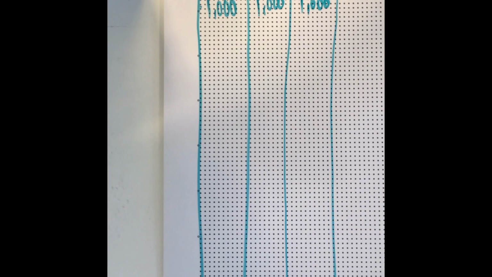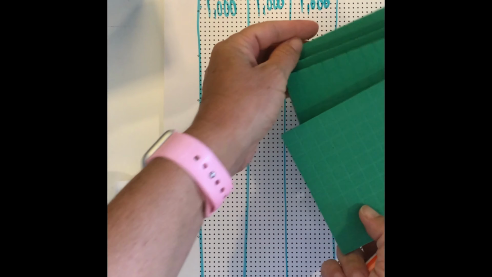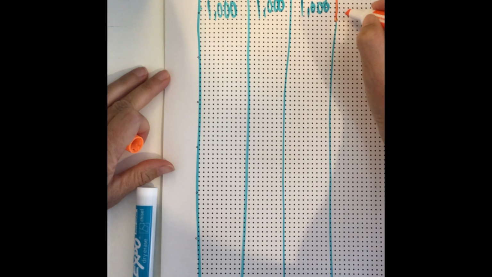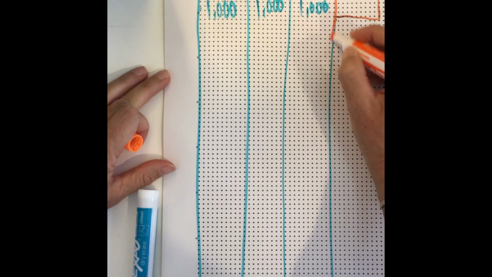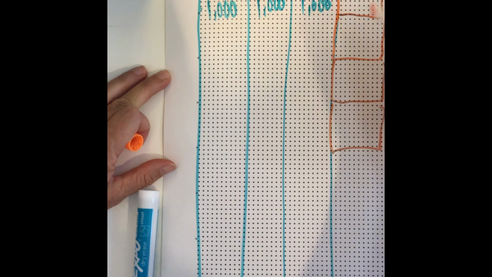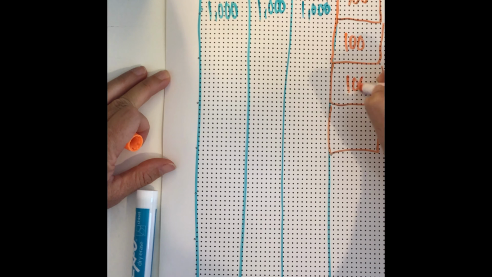And then they've lined up some hundreds. And I see 4 of them. And they've drawn them like this. 1, 2, 3, 4. So each one of these is worth 100.